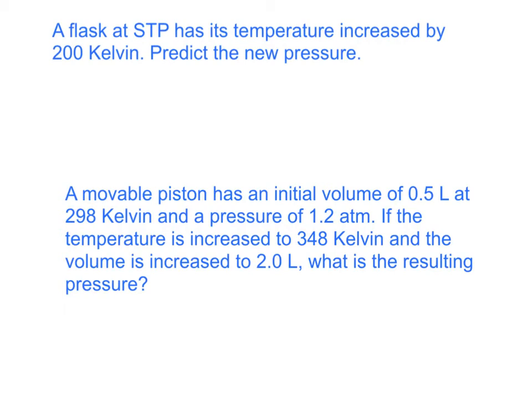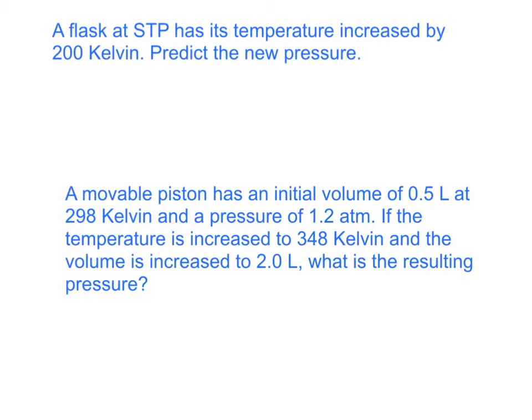A flask at standard temperature and pressure has its temperature increased by 200 Kelvin. Predict the new pressure. We have a change in temperature, we increase by 200 Kelvin. We're going to have a change in pressure, but because it's a flask with rigid walls, the volume's not going to change, so the volume will drop off.